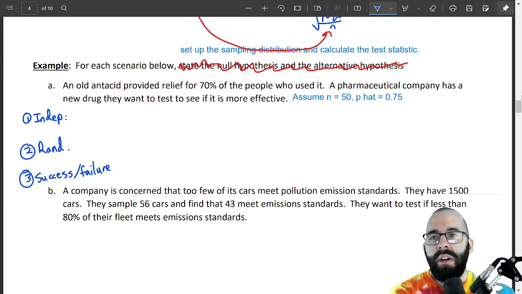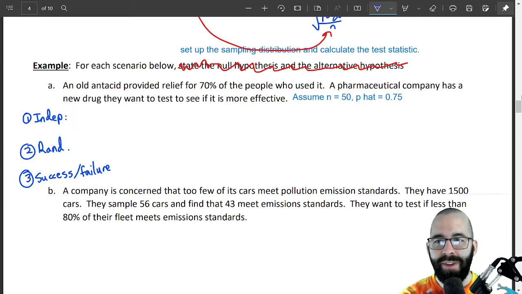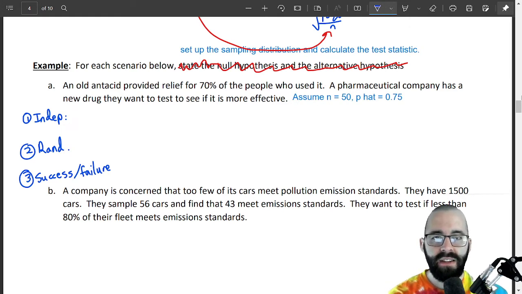Okay, so the old antacid provided relief for 70% who used it. The pharmaceutical company has a new drug they want to test to see if it's more effective. So this one, we're testing it on less than 10% of the population.